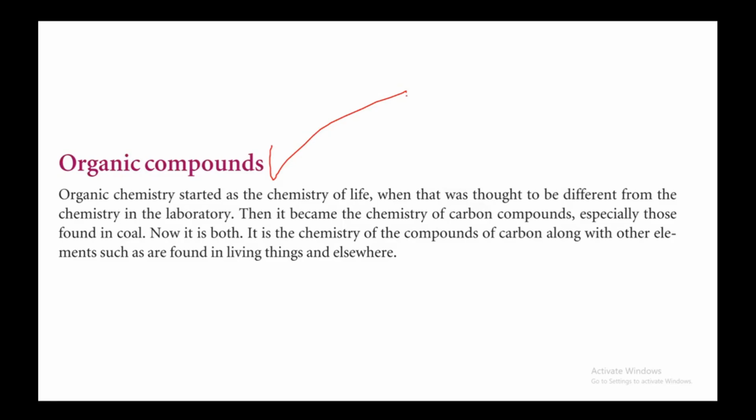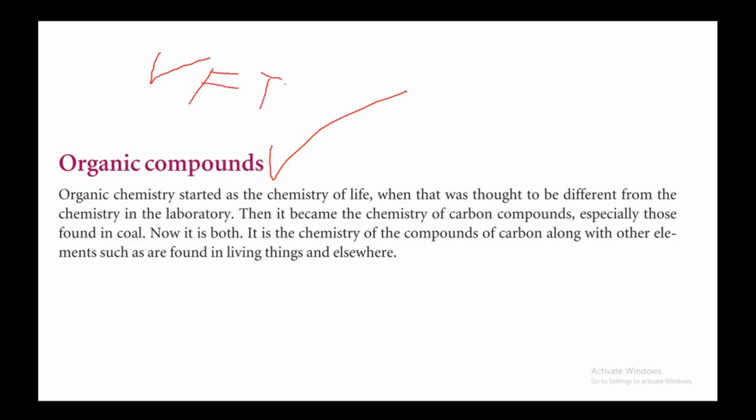So before, in the early stages, prior to the 19th century, the 18th century, organic chemistry was defined as a chemistry which utilizes natural sources, or it was believed that organic compounds can only be obtained from a natural source, and that theory was called VFT, vital force theory.